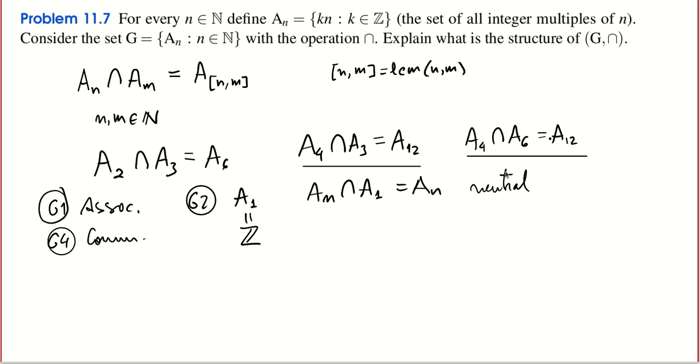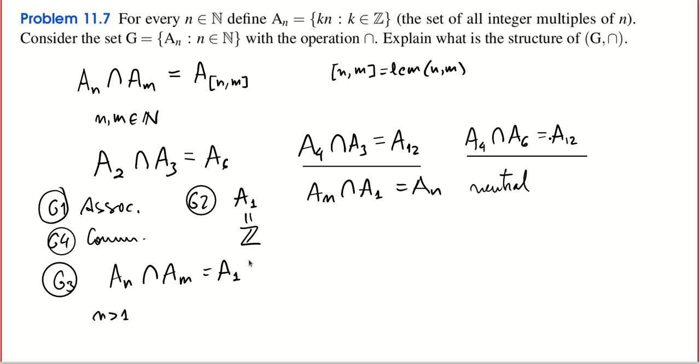And now we have to figure out whether G3 holds or not, which we already guess it won't, because of what we found here. And actually that's the case. If n is larger than 1, for instance, we need to find a_m such that the intersection produces a1.